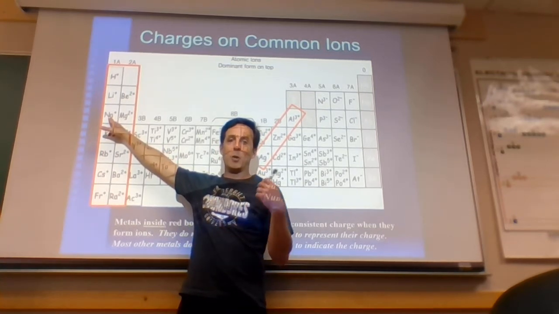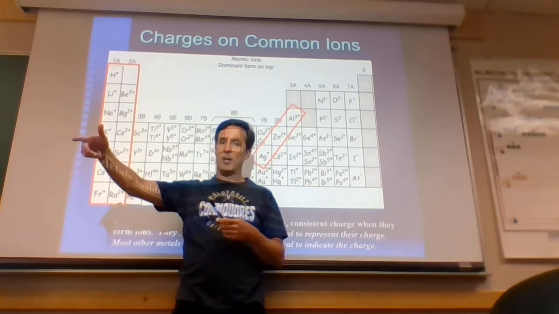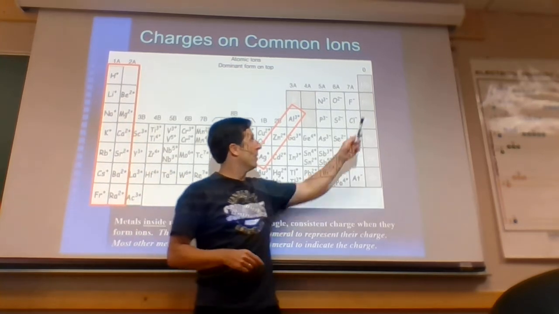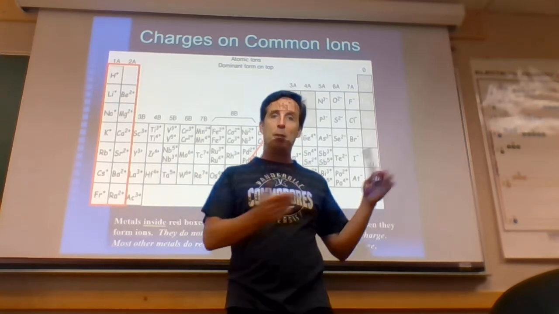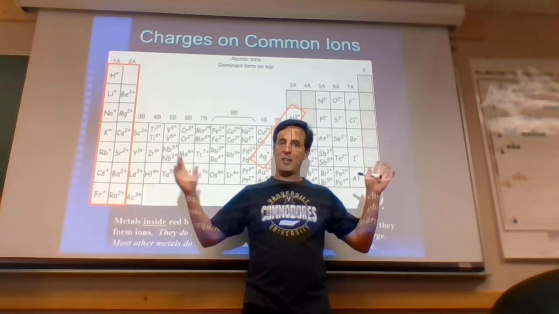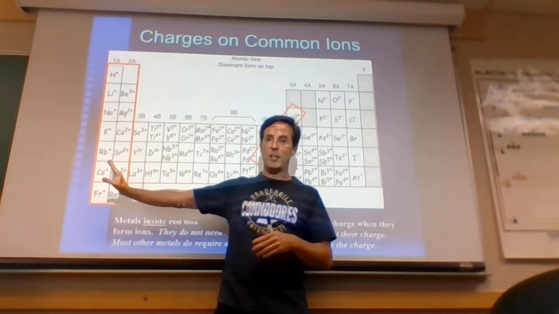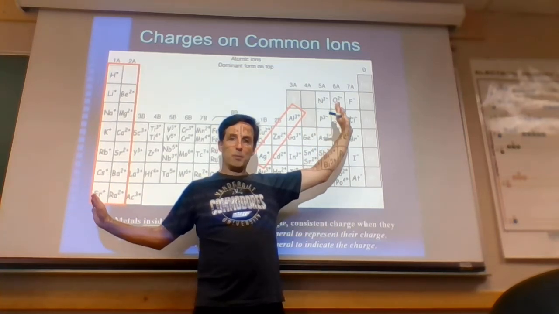If he loses an electron, which gives him a positive charge, he goes from 11 electrons back to 10 like neon. So on both sides of the table, they're really trying to be like the noble gases. So that's going to make the charge of a lot of different elements very predictable, specifically the elements over here and the elements over here.